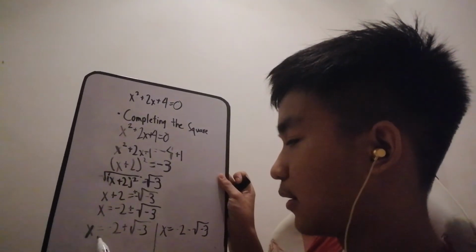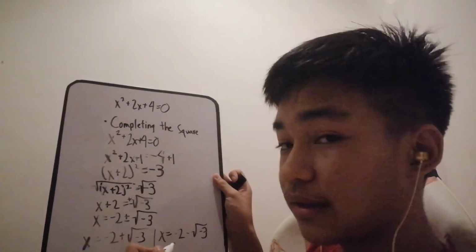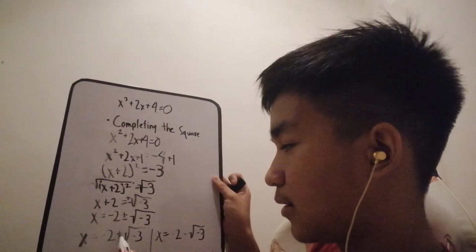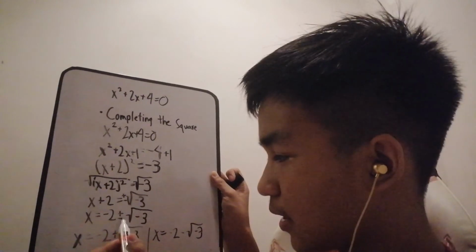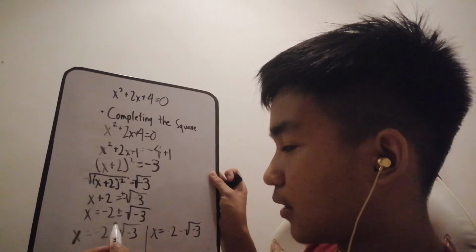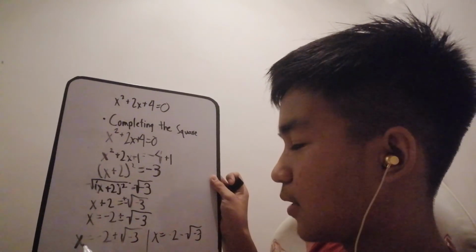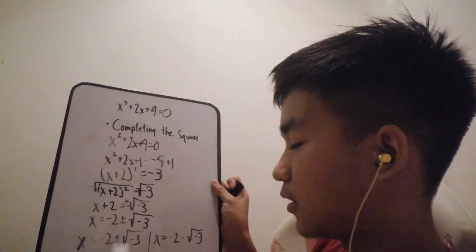This is the first and this is the second. The only difference in the first and second are the signs. Since we split up this sign and have two solutions, we will have this method.